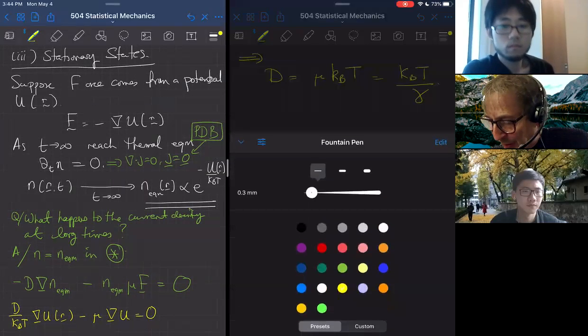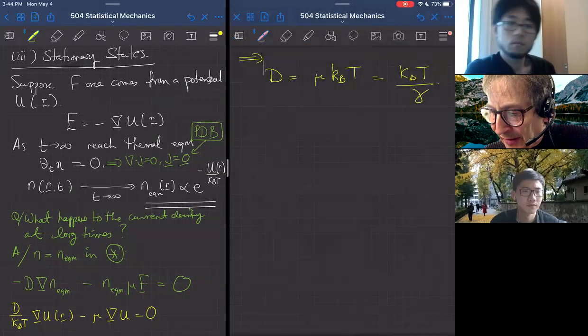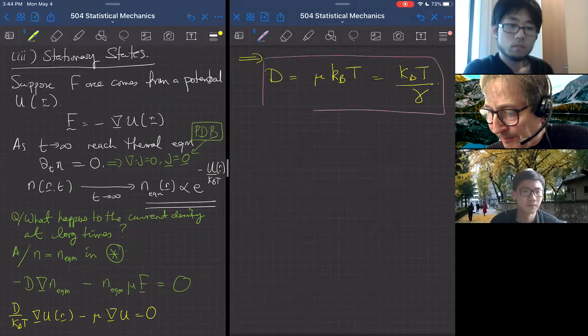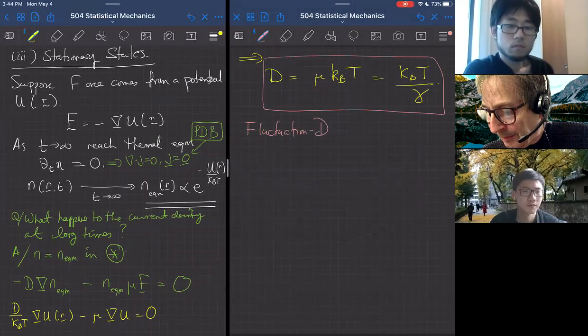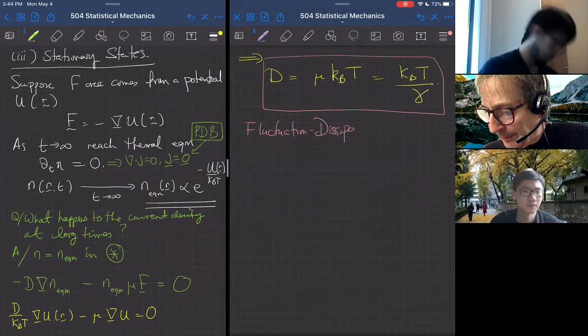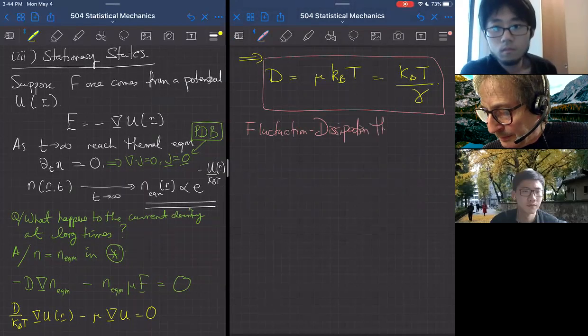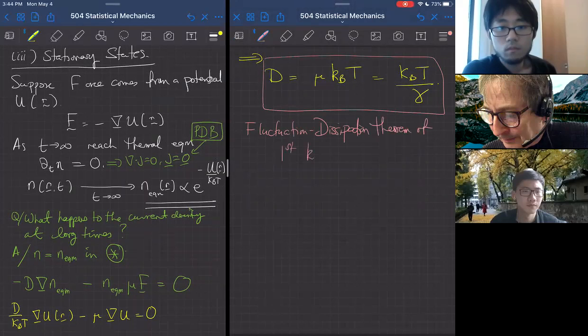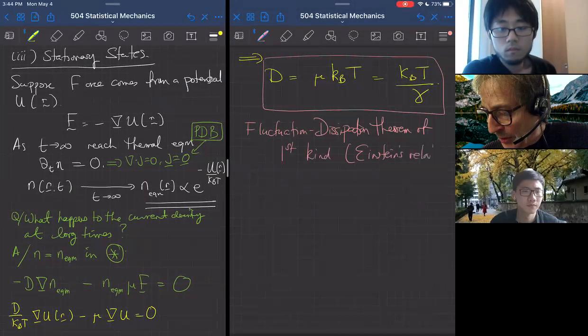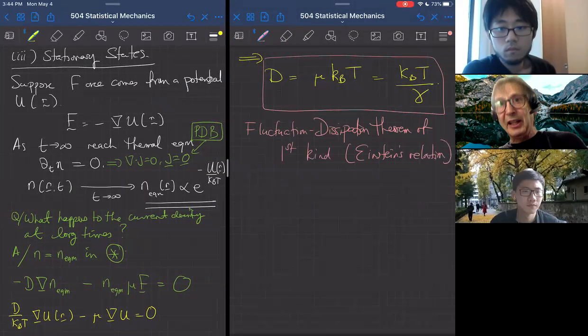And this result is what I wanted to get to. This is a very important result. This is called the fluctuation-dissipation theorem of the first kind, or sometimes it's known as Einstein's relation. Einstein was the first person who did this calculation.